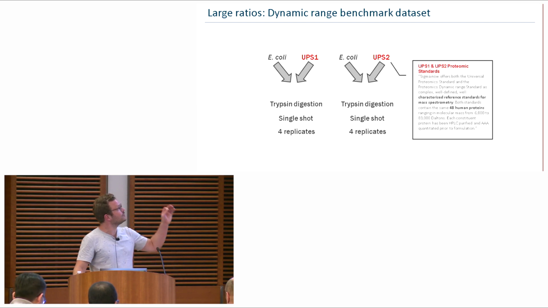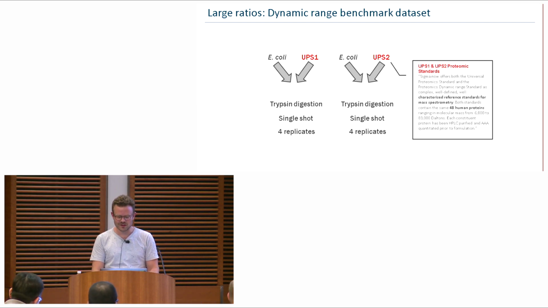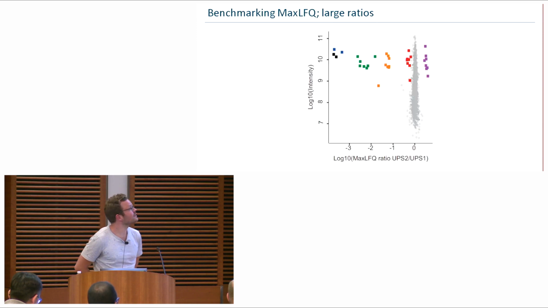So in the UPS 1, they are diluted, so the abundance of 8 proteins is always reduced by a factor of 10.